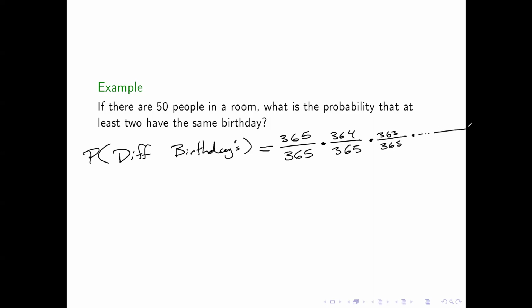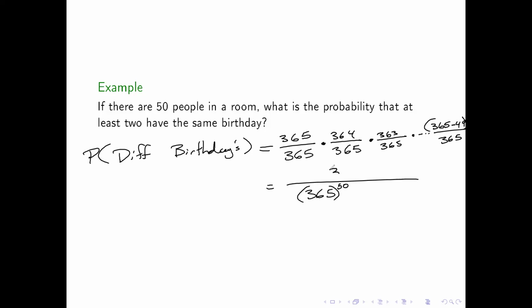And we keep this up until the last one, where the numerator is 365 minus 49. If you want 50 options, the first one was minus 0, then minus 1, and so forth, so we actually end at minus 49, not minus 50. This is the number of ways to have different birthdays. The denominator is obviously 365 to the 50th power.